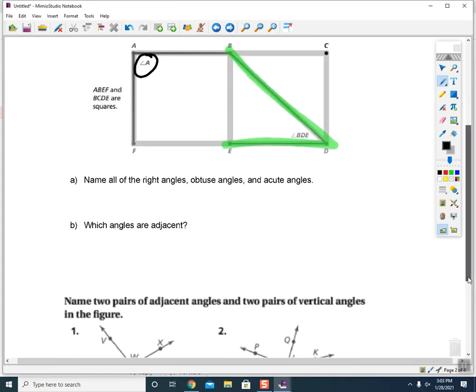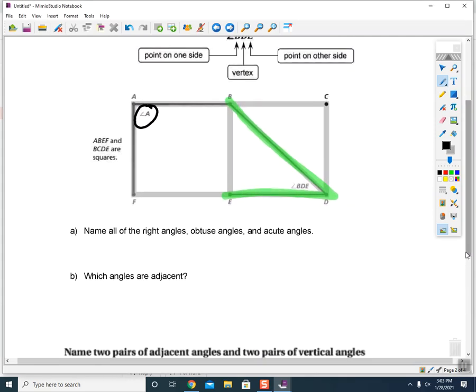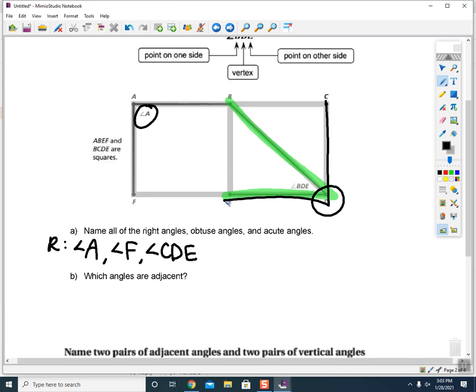So if we want to name the right angles, we'll just name a couple. Angle A is a right angle, because I know this is a square. Angle F is a right angle. Let's do one more. Let's find a better way to figure out angle D. If I wanted to figure out what angle D is, angle CDE would be that angle.